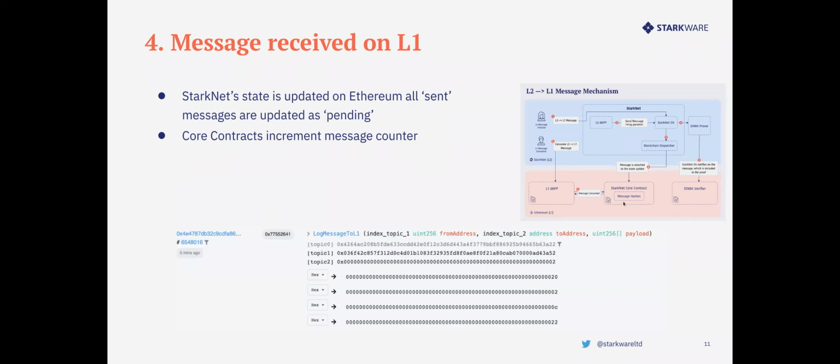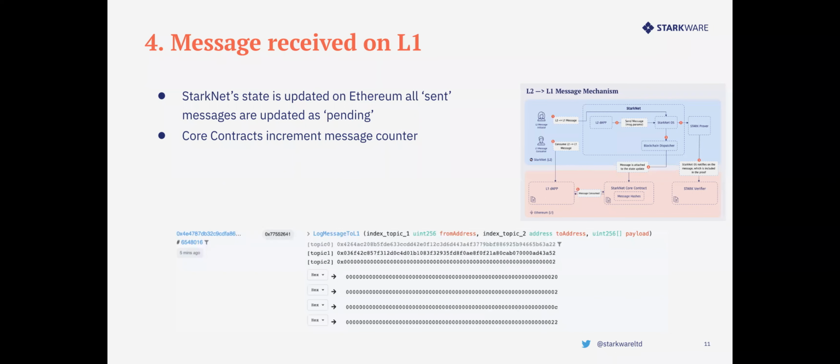On the L1 side, we have this component that's called the StarkNet core contract. And this is basically the contract that lives on L1, and this is where all the updates about what happens on StarkNet arrive. So all the state updates are going to this contract. The old state, the new state, all the state diffs, all the storage that is being sent to L1 as call data.